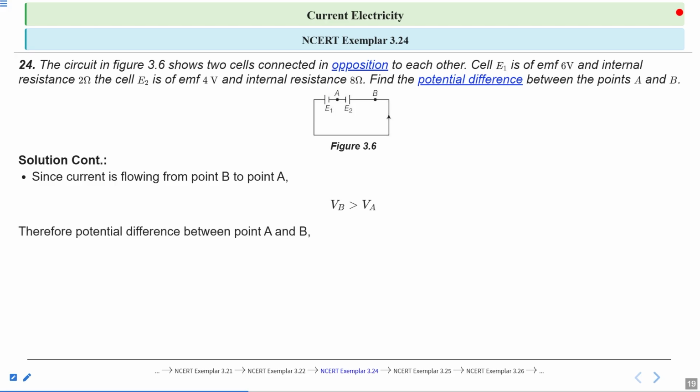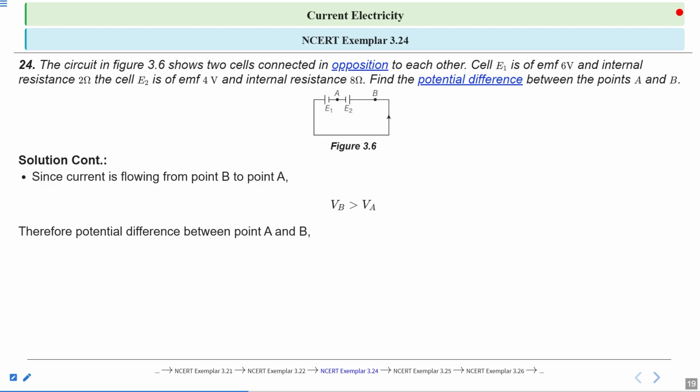Now see, in Kirchhoff's law, we generally use the voltage law, KVL. It states that voltage potential difference in a closed path in a circuit is 0. It means potential gains is equal to potential drops in a closed path. But we are going from point B to point A. Now we are not making a closed path.